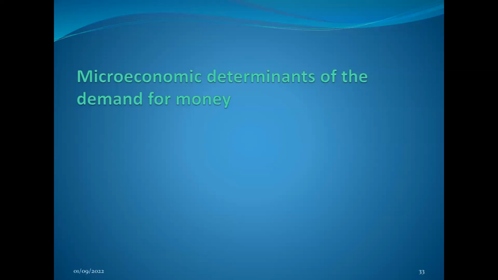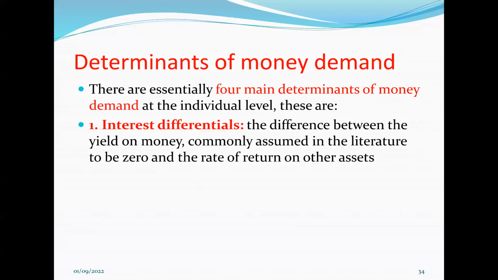So what are some of the microeconomic determinants of the demand for money? There are essentially four main determinants of money demand at the individual level.